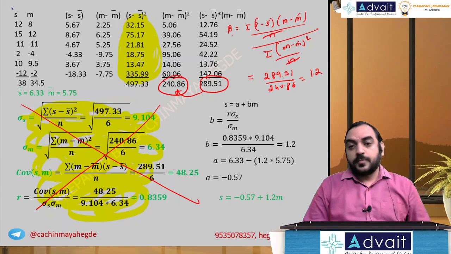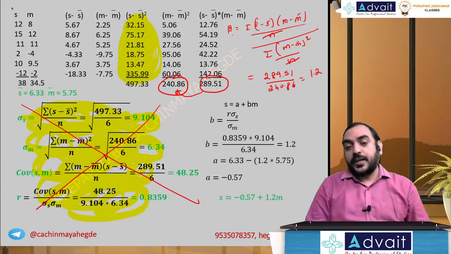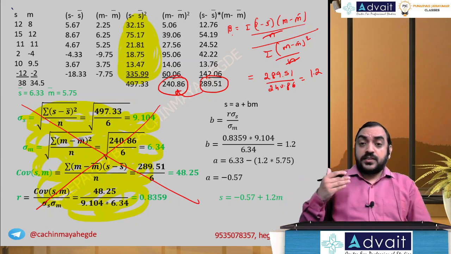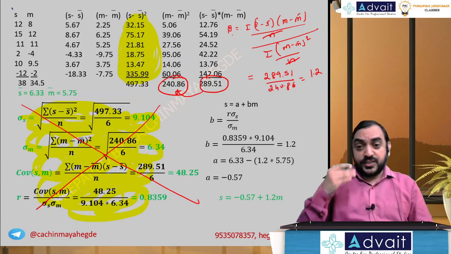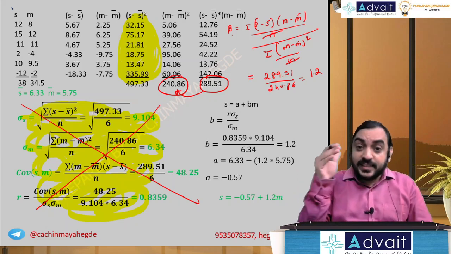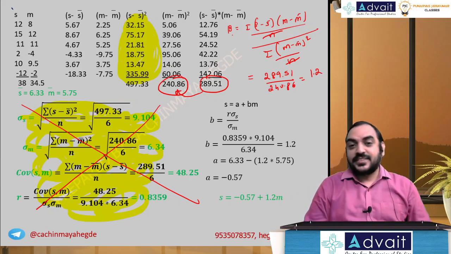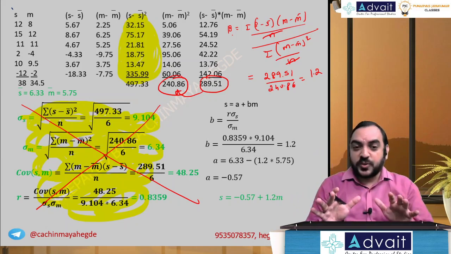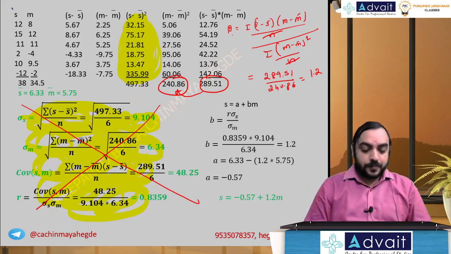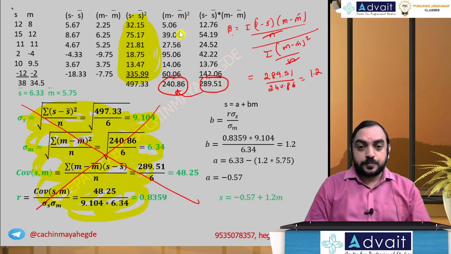But in the problem, if they ask you systematic risk, unsystematic risk, risk analysis, in that situation you have to calculate like this. I hope you understood what needs to be done in which situation. Okay, let's go for risk analysis.